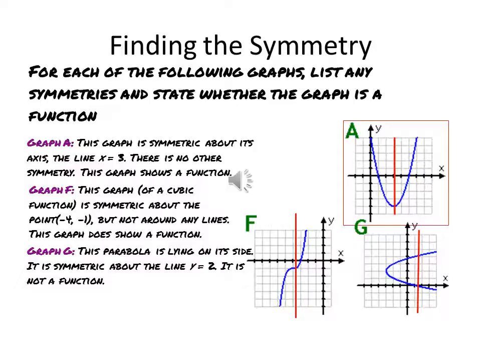This is more about procedural. And for each of the following graphs, list any symmetries and state whether the graph is a function. The way that we can determine if a graph is a function, we will run a vertical line test on the graph to see if it's a function. Okay, let's start with graph A.